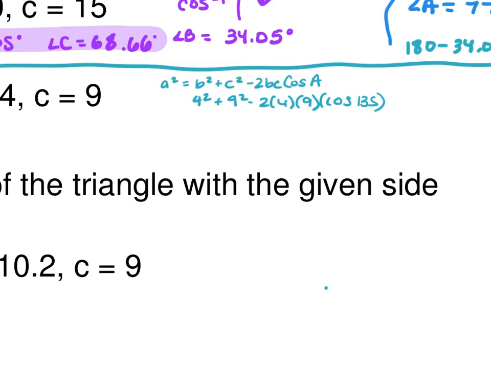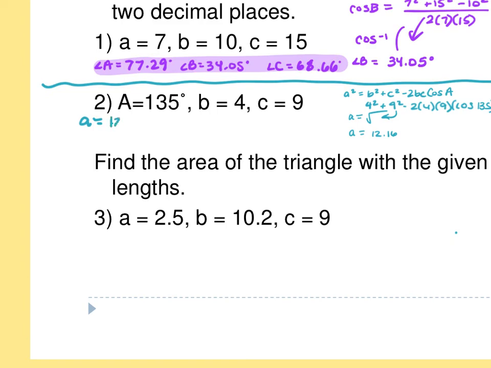And I get 147.91. Don't forget to square root that. That is a mistake people make. So I square root this whole thing, and I get A equals 12.16.